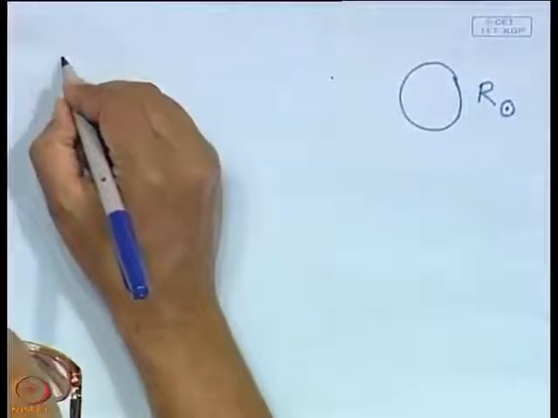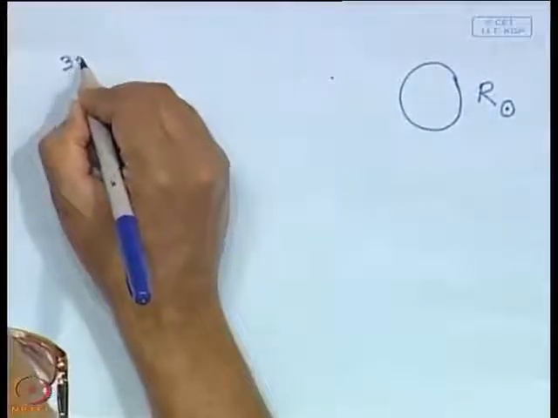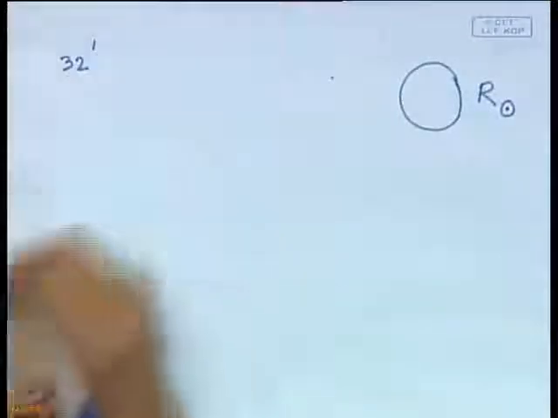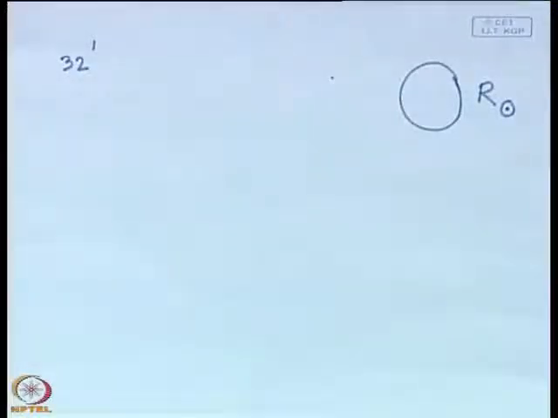Okay. Now the sun is seen to subtend an angle of roughly 32 arc minutes on the sky. This can again be directly measured. You can determine the angle that the sun subtends on the sky.